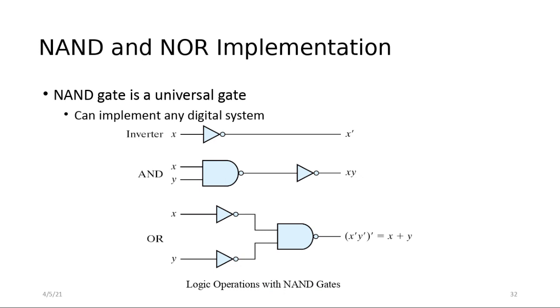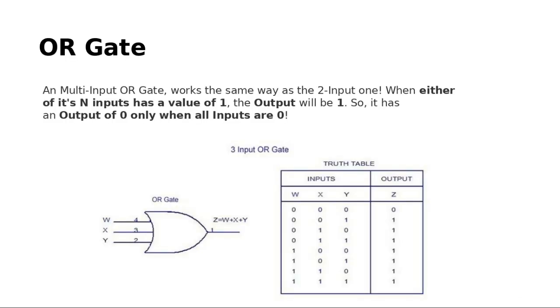Okay, let's see quickly NAND and NOR implementation because you already know that. There's an inverter gate, that's the NOT gate. There is also AND gate with NAND and inverter. There is also OR gates using inverters and NAND gates. Actually, we are interested in the multi-input gates.